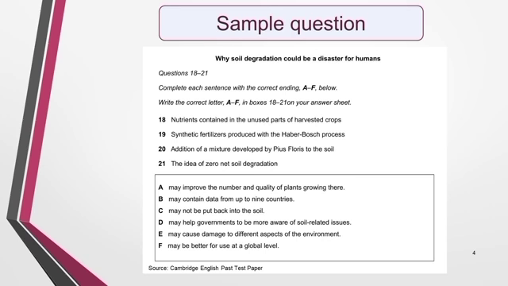Here's a sample question from a past test paper so that you can see how it's set out. The incomplete sentences are numbered 18 to 21 and the sentence endings labelled A to F. In this example, there are 2 more possible endings than there are incomplete sentences.